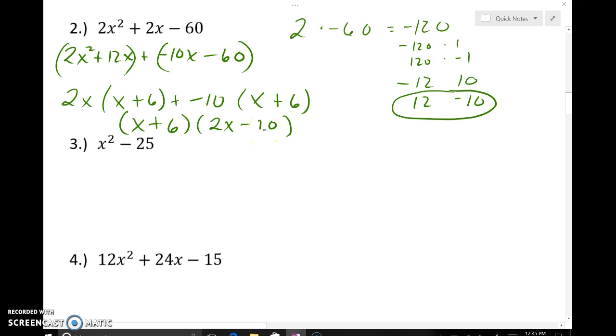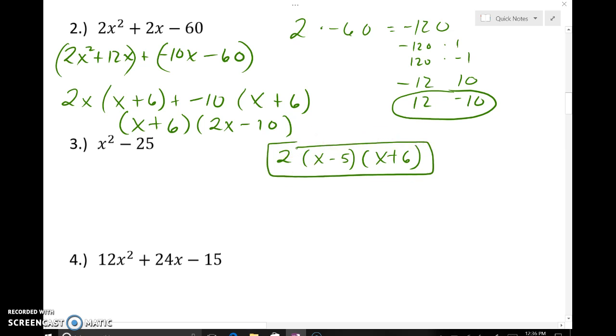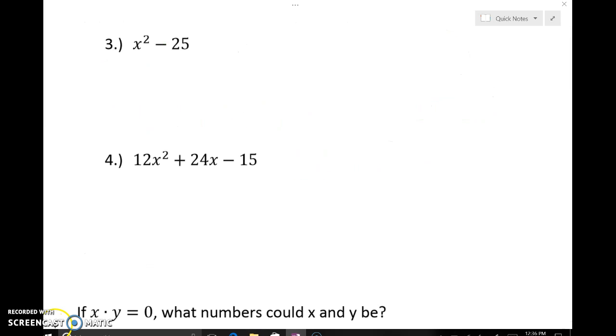So I could take this one more step further, and I could pull that 2 out front, and then I have x and a minus 5 left over, and then here's my x plus 6. So if I multiply all three of those, I would get the original 2x squared plus 2x minus 60. I do not want to leave any common terms inside the binomials before I finalize my answer.